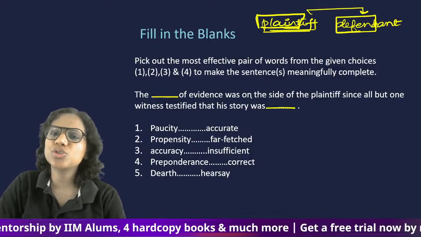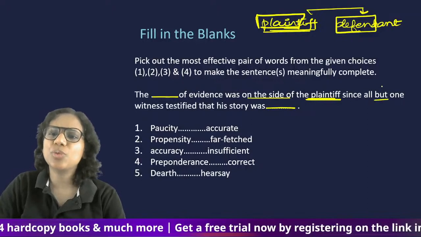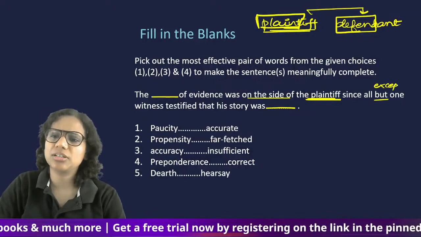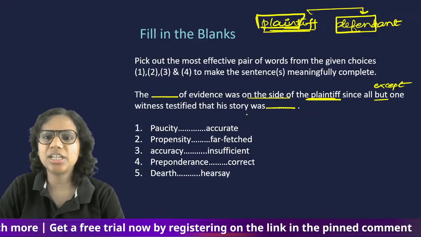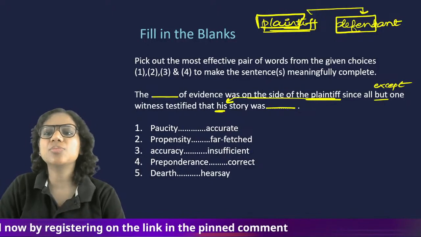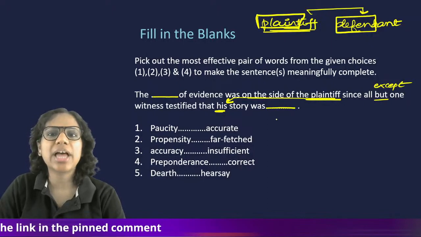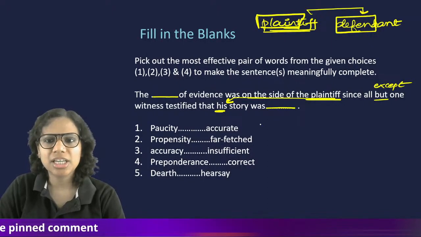So the evidence was on the side of the plaintiff, since all except one witness testified that his story, the plaintiff's story, was correct. So when would the evidence be on the side of the plaintiff? When they will say that, okay, his story was accurate, his story was correct, isn't it?